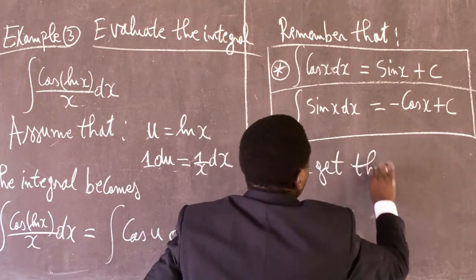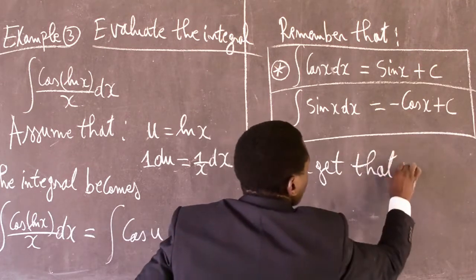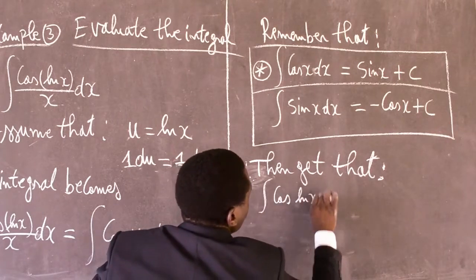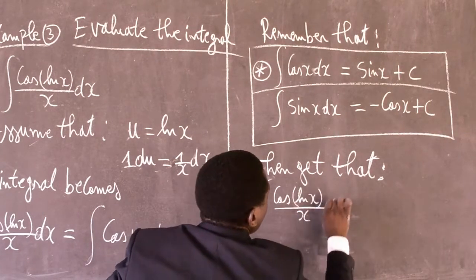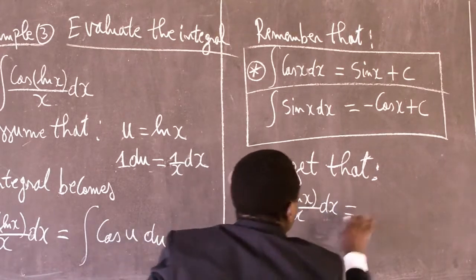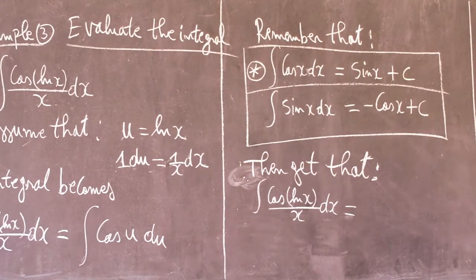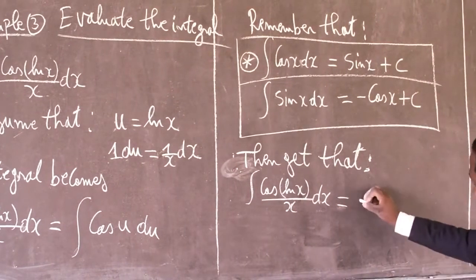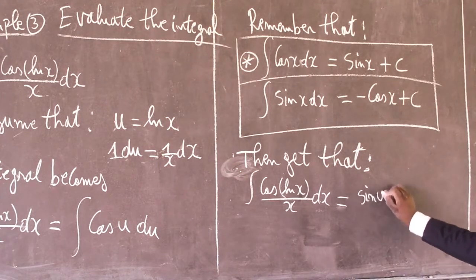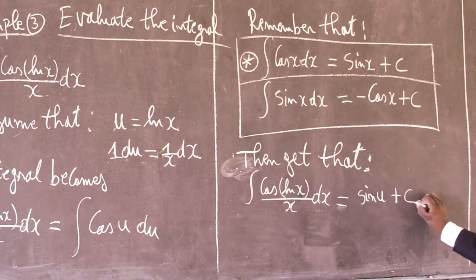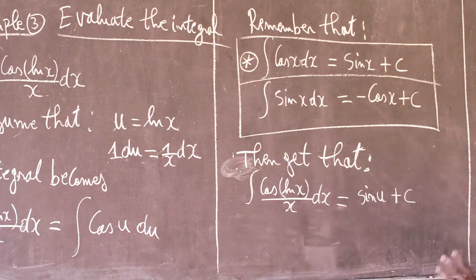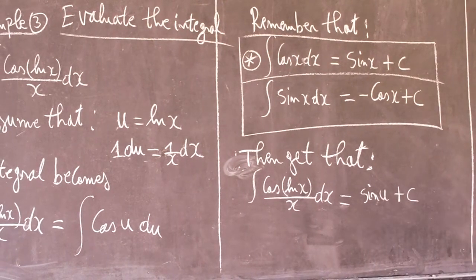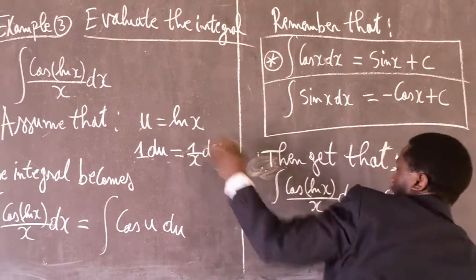that the integration of cosine ln x over x dx is equal to, we need to evaluate the integration of cosine u du, that is sine u plus c, okay? Then we need to replace u by its value, okay? Remember u equals ln x.